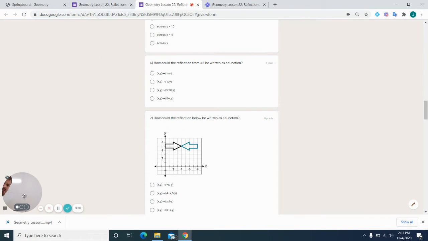So we have an arrow that starts in between 4 and 5. And it goes out to about 2. And then it goes up, and we're at 4, 5.